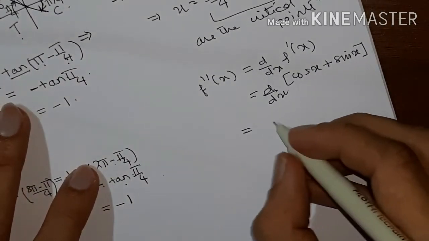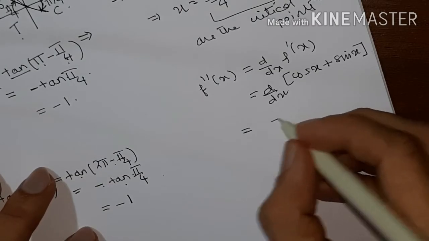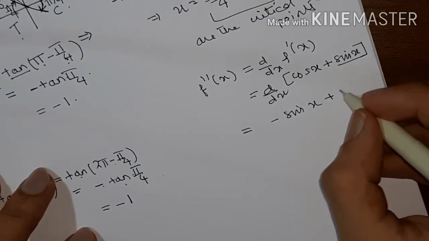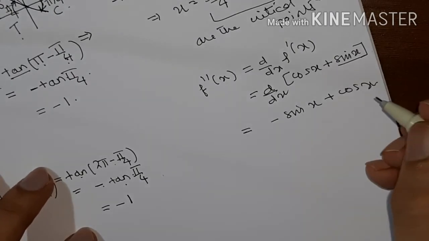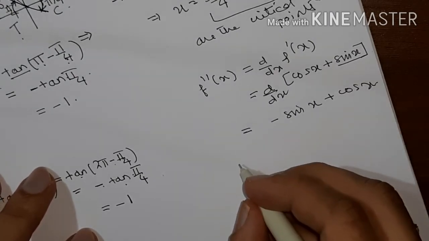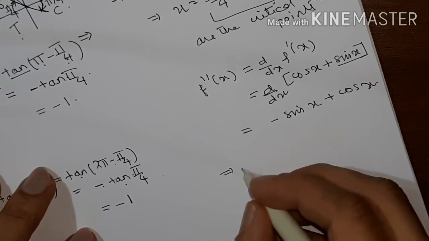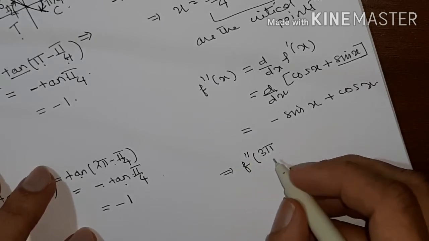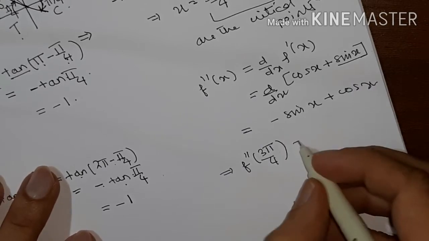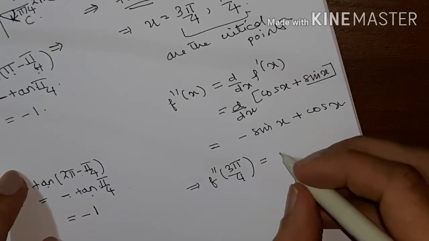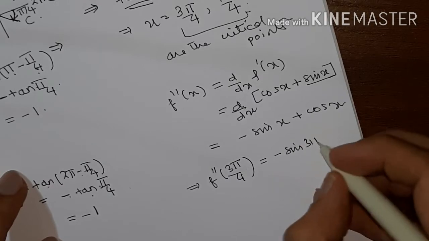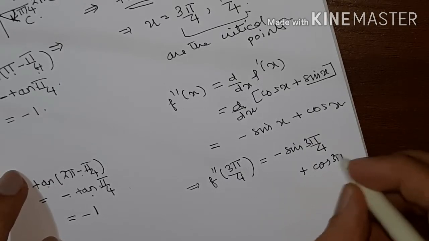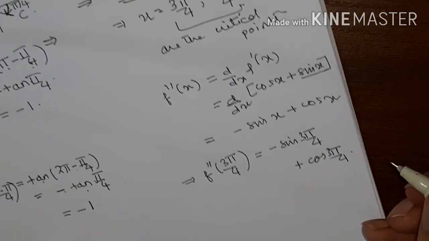Derivative of cos x, you know, is minus sin x, and the derivative of sin x is cos x. Now what you do? You find f double prime at the critical points. So f double prime of 3 pi by 4 is equal to minus sin of 3 pi by 4 plus cos of 3 pi by 4.